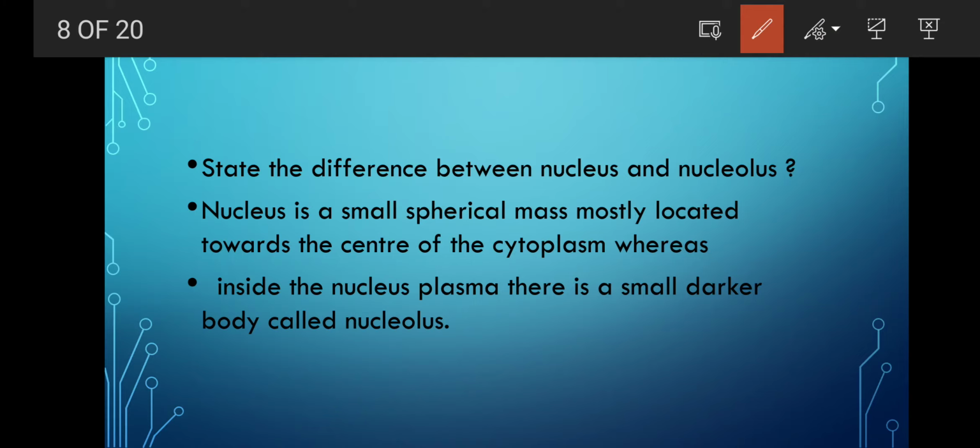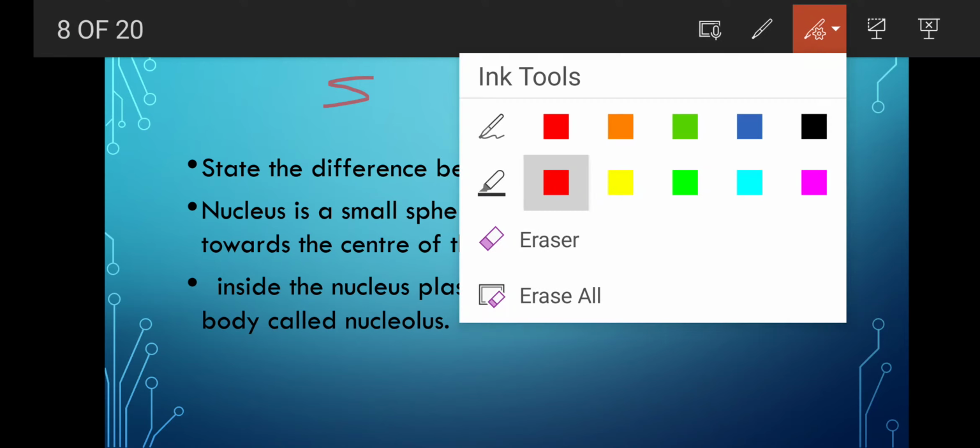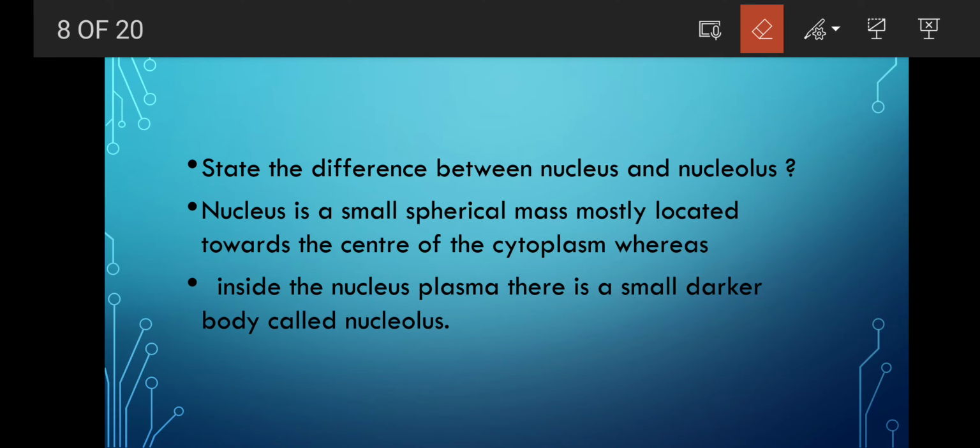Okay. Now, next, state the difference between the nucleus and nucleolus. So, nucleus is what? Nucleus is a small... So, when you write, you don't write as a paragraph. Clear? You will make a table here. You will draw a line here.